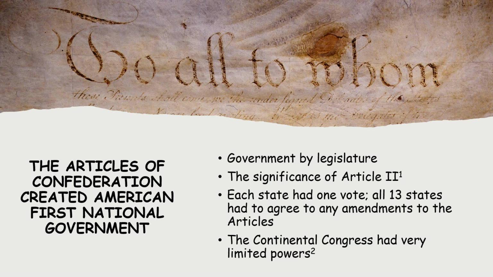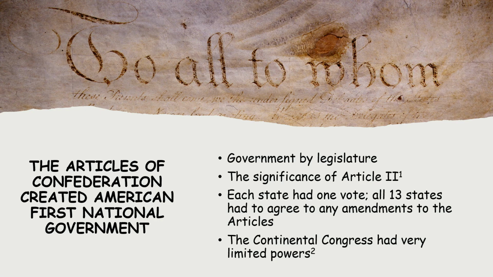However, laws had to be executed by the state governments. And to the extent that there was an American army, it was comprised solely of those state militias detached to the national government. And perhaps most importantly, the Continental Congress had no direct authority to collect taxes. Now, governments that lack taxing authority are not really governments.